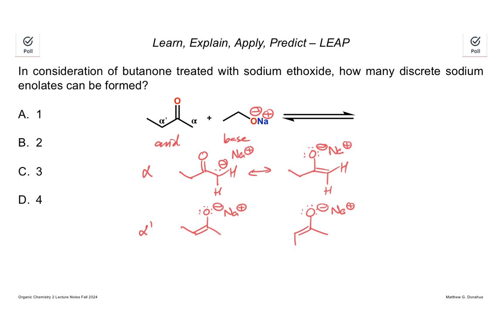So if we assign priority, oxygen versus carbon, oxygen would win there. Carbon versus hydrogen, carbon would win. They're on the same side, so that would be Z. And then the other one would have to be E.